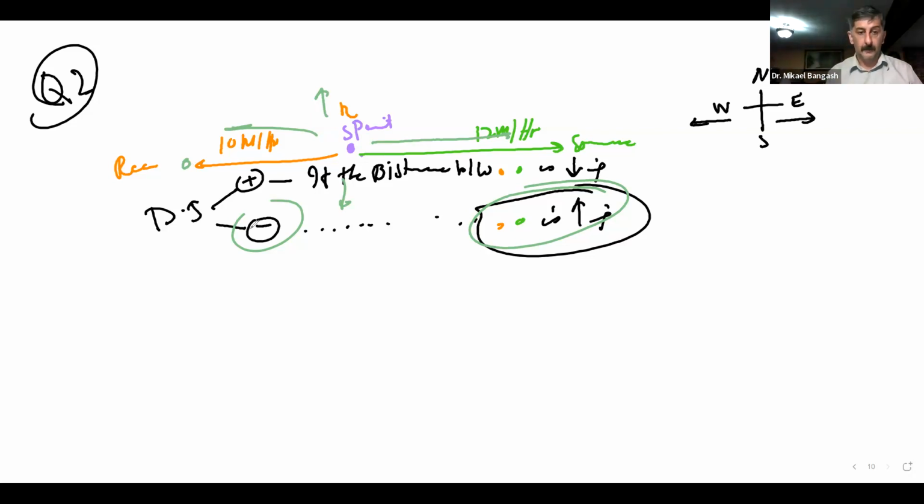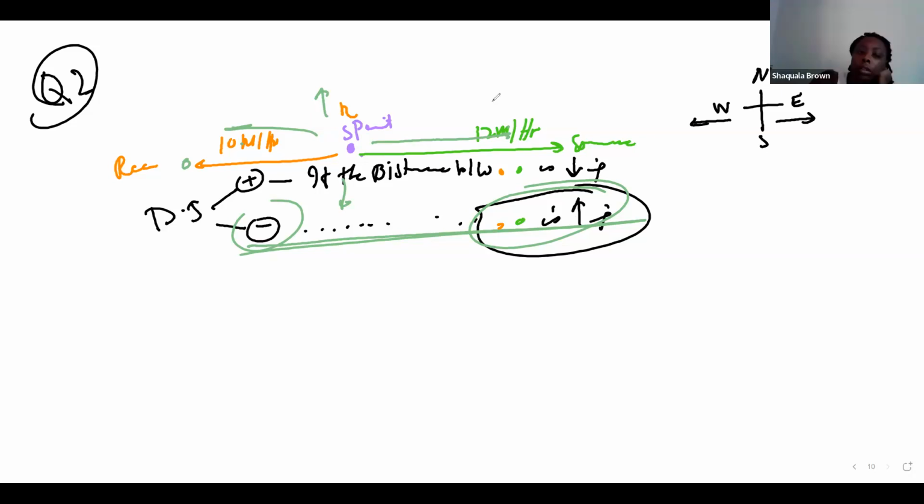But mainly because the distance between the two things that we're talking about here is increasing, that will be a negative Doppler shift. Did that make sense? Did that make sense? Yeah. Yes. Good.